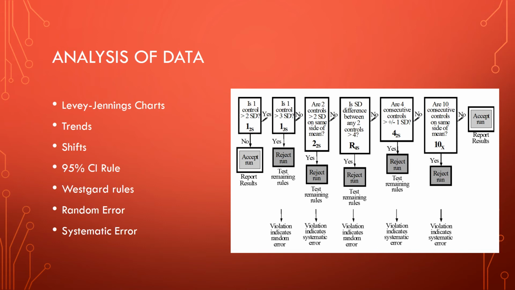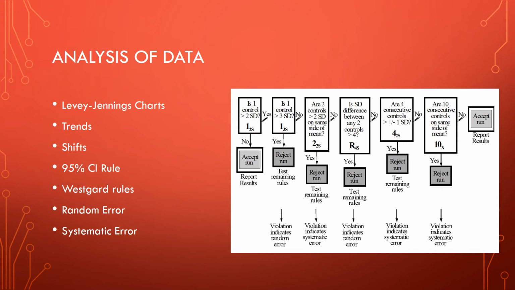Analysis of the data, as a general rule, we like to use Levy-Jennings charts because they're such good representations of what's going on over a period of time for a particular test. And so we use these Levy-Jennings charts to monitor any particular method over a long time for performance, and it allows us to assess precision and long-term accuracy.